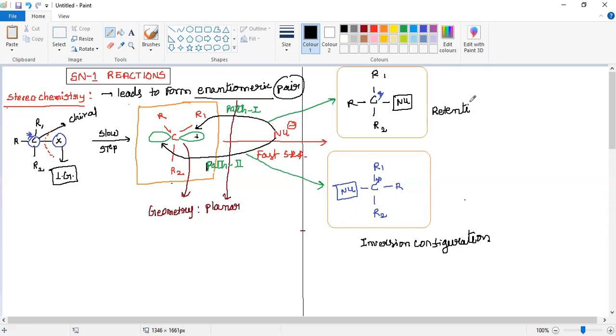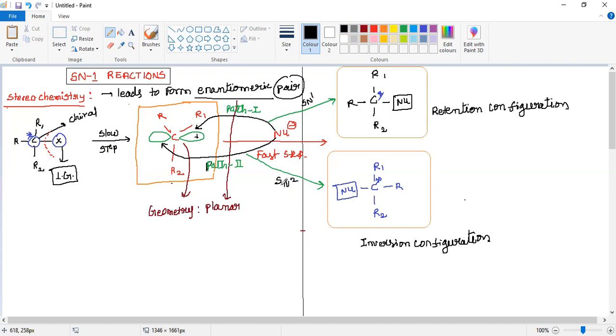Retention, that means the same side, yaar, retention configuration. సింప్లీ we can say retention configuration, you got it I think. అంటే ఇక్కడ path 2 అనేది మనకు ఏ process లో వస్తుంది? బట్ simply here we can write that it is following SN2, back bonding. మరి ఇలాంటప్పుడు path 1 ఇదేంటిది? ఇది SN1, because that retention configuration is following, that means the nucleophile is attacking on the same side of the leaving group. ఇదిగో ఎక్కడైతే ఉందో అక్కడే attack అయింది, కానీ ఇక్కడ ఏమైంది? బట్ back side bonding, అంటే opposite side of the leaving group. So that means simply here we can say followed by SN2.